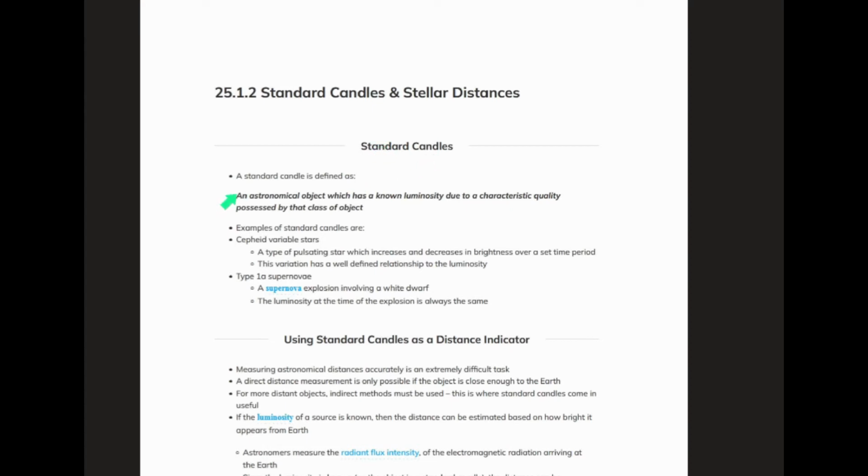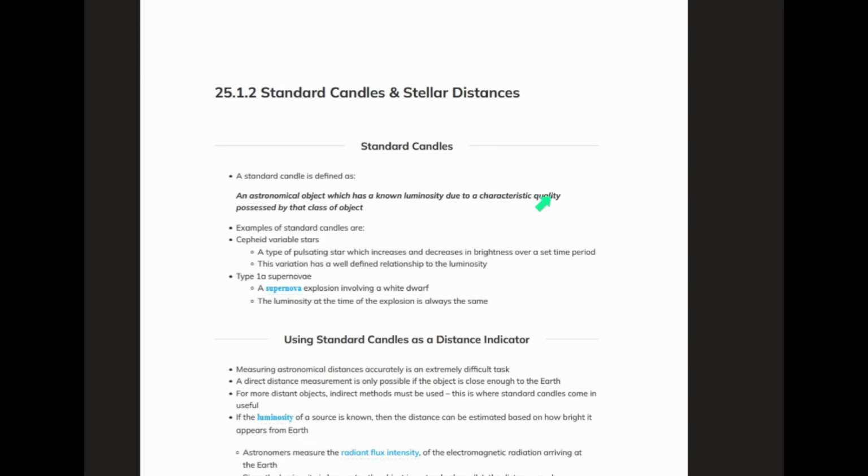A standard candle is defined as an astronomical object like a star which has a known luminosity. We know their luminosity due to a characteristic quality possessed by that class of object. So that means there is a particular characteristic so that we know their luminosity.